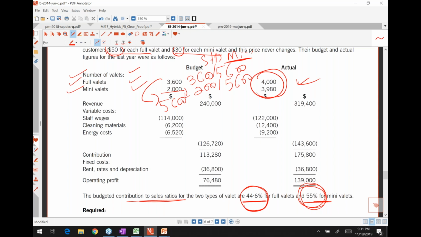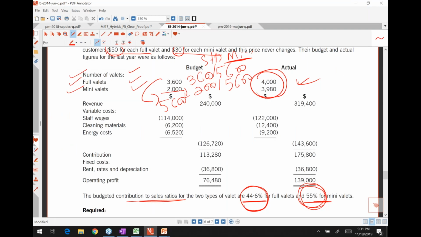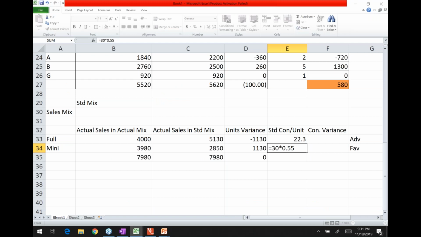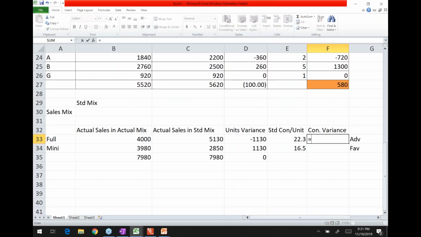So I'll apply this, 50 multiplied by 0.446, and for the second one it's 30 multiplied by 0.55. This is the contribution to sales ratio that was given here. I'll multiply this with the selling price and I'll get the answer. So let's multiply.